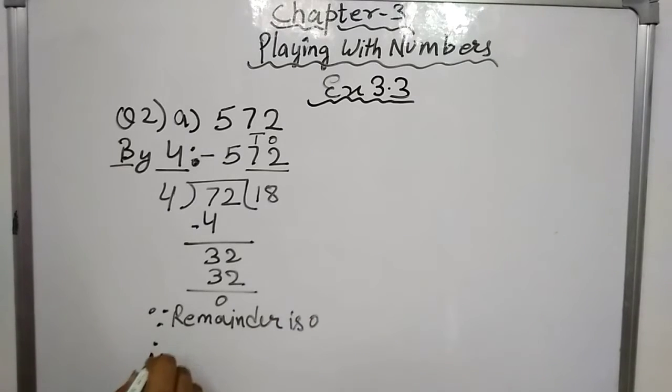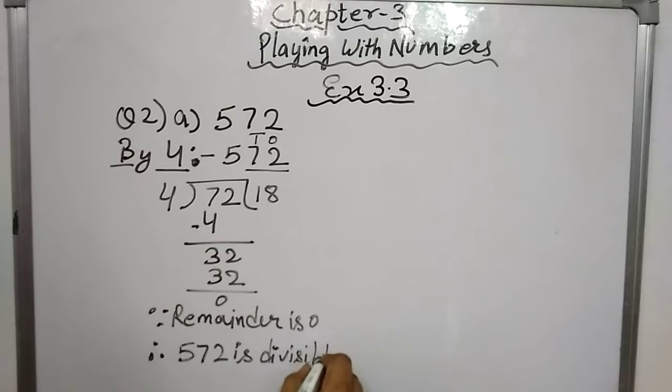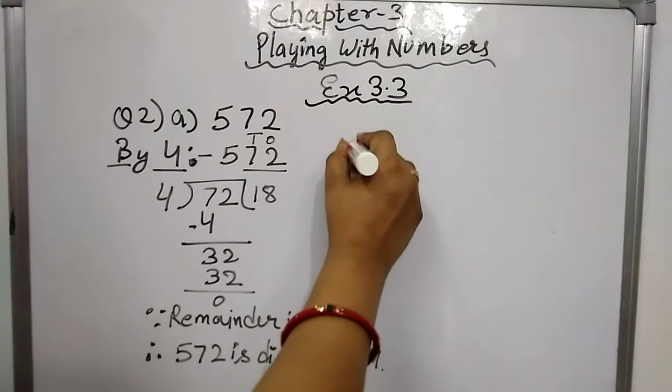This says 572 is divisible by 4. Now let's check divisibility by 8.